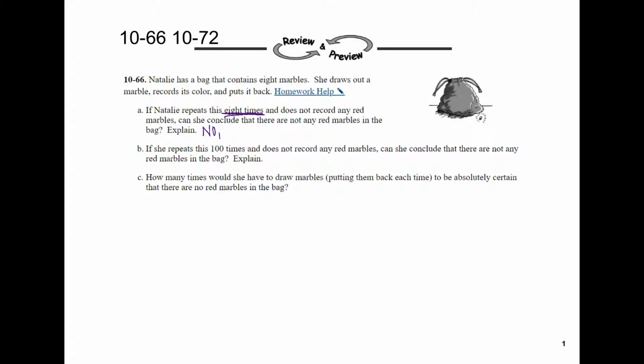Letter B says, if she repeats this 100 times and does not record any red marbles, can she conclude that there are not any red marbles in the bag? Well, no. It is less likely that there are red marbles.